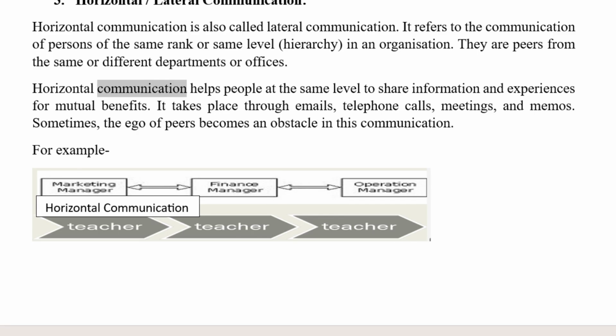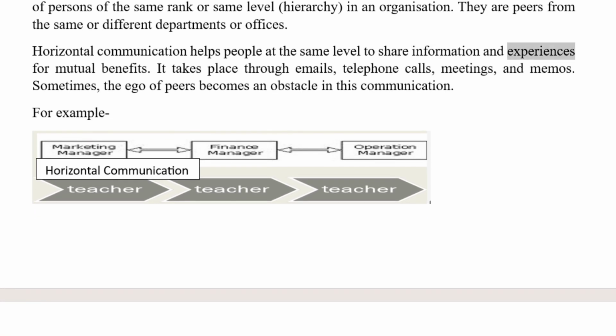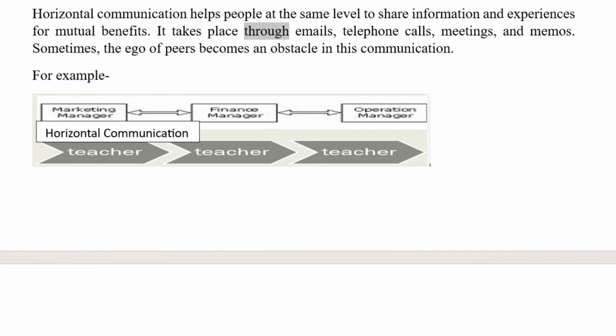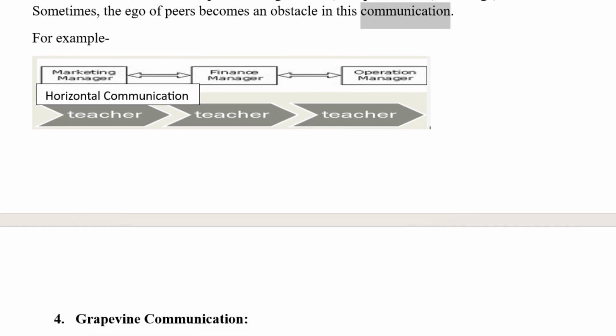Horizontal communication helps people at the same level to share information and experiences for mutual benefits. It takes place through emails, telephone calls, meetings, and memos. Sometimes, the ego of peers becomes an obstacle in this communication.